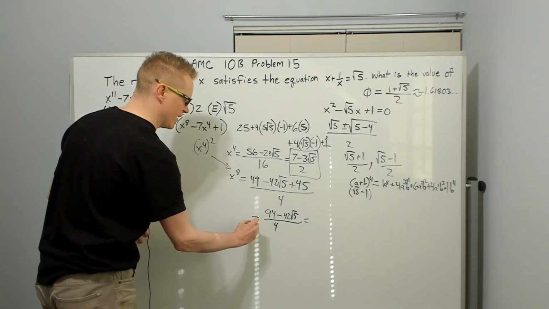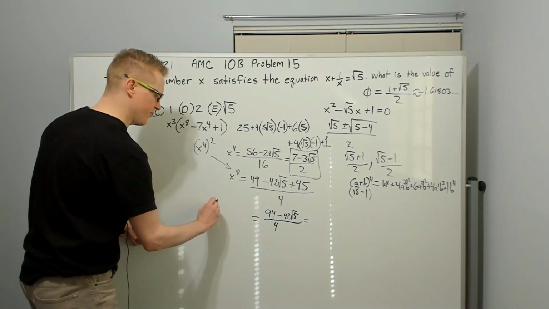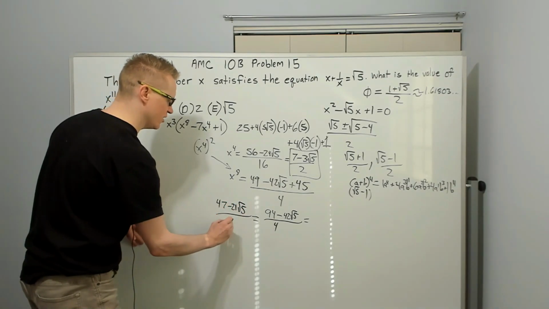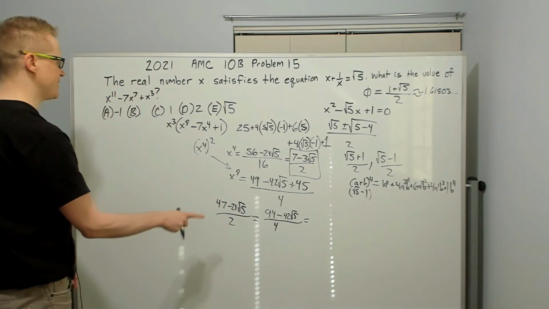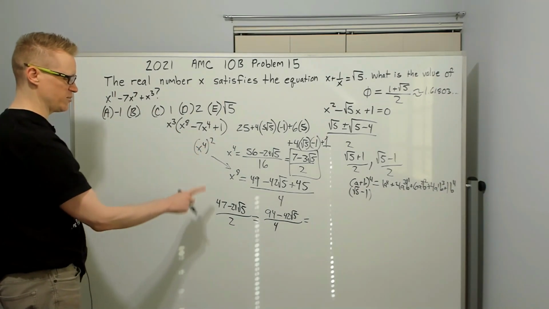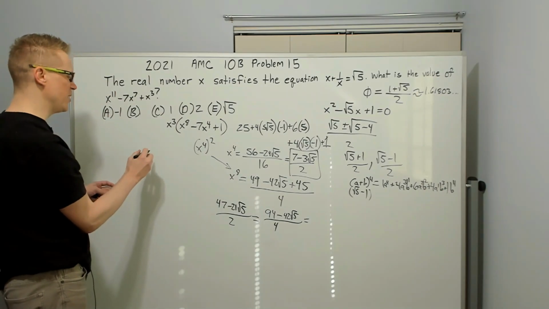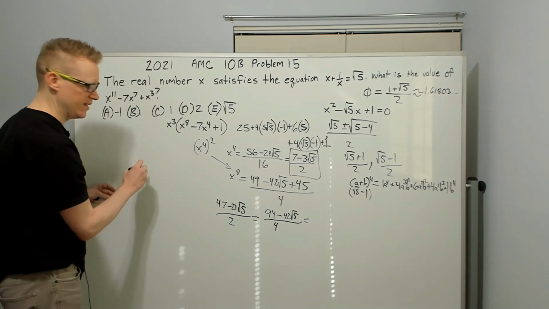and that in turn you can simplify. I'll do it over here actually. You're going to have 47 minus 21 root 5 over 2. Great. Let's get up to here then, because we want to plug these in. We have x to the 3rd. We'll have to do that in the moment, or will we?